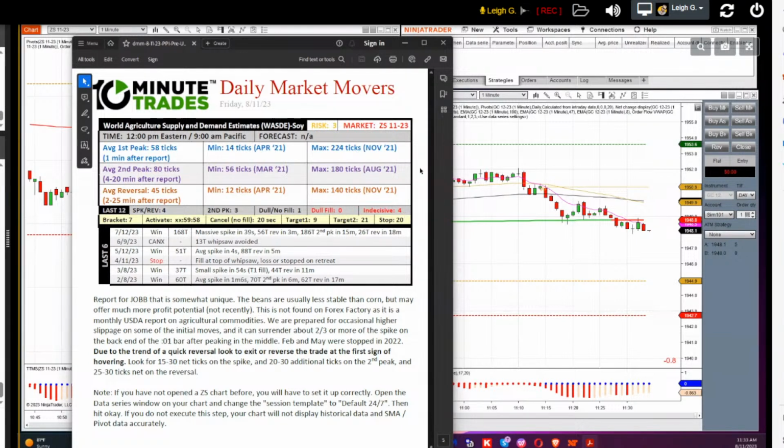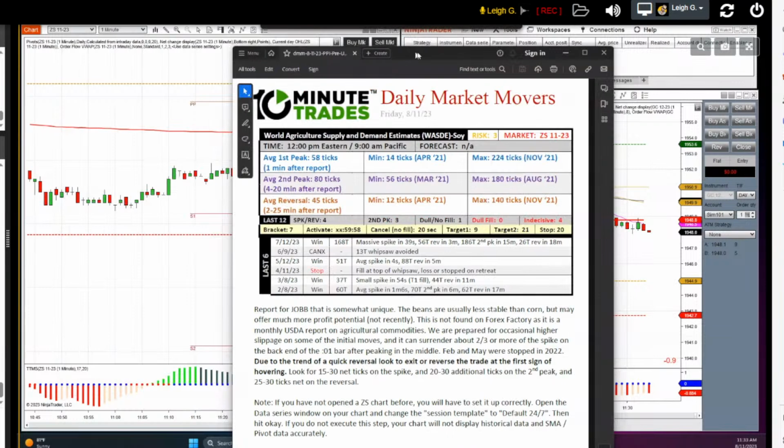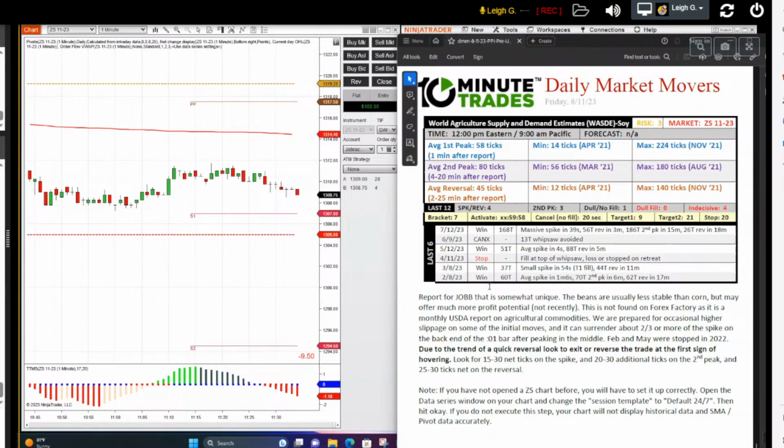So we're going to trade the soy breakout because soy has a tendency of possible nice big moves. Now, if you want to, you can use a 15 tick bracket, and you would not be out of line if you used a 15 tick bracket, because back in June there was a 13 tick little bit of a whipsaw.